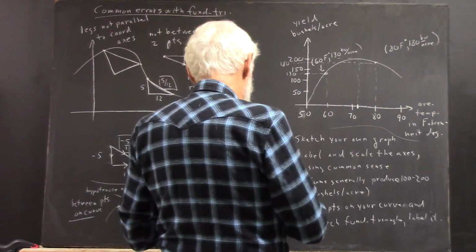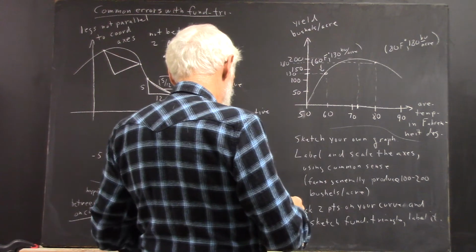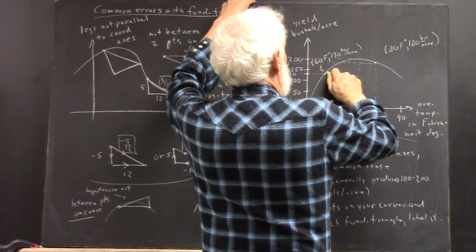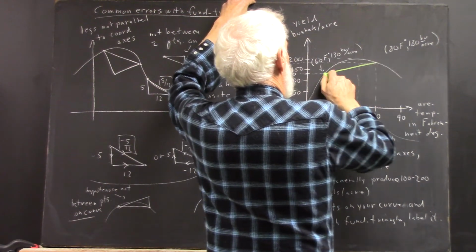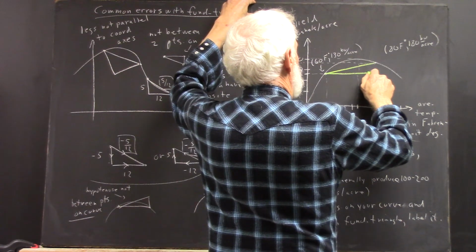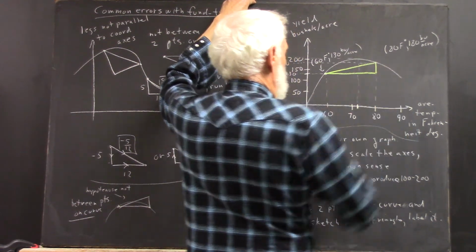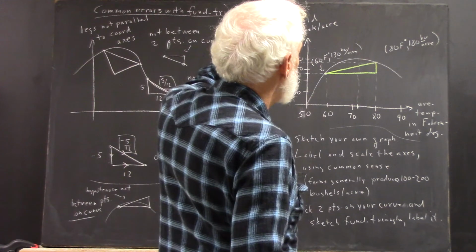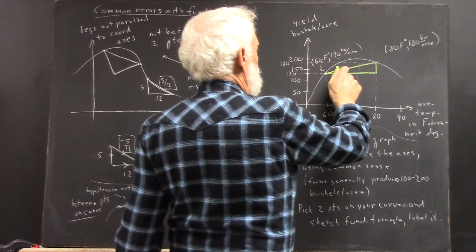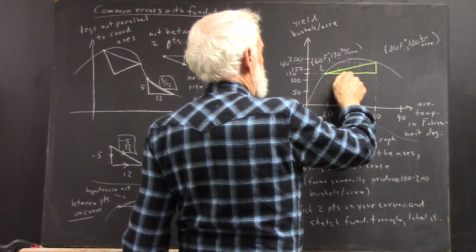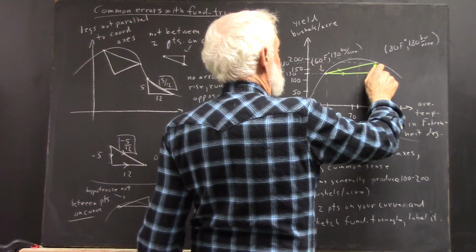And then I can draw my triangle. And I'll go ahead and use some colors here. There it is. And now I do a couple of arrows. Actually 3.